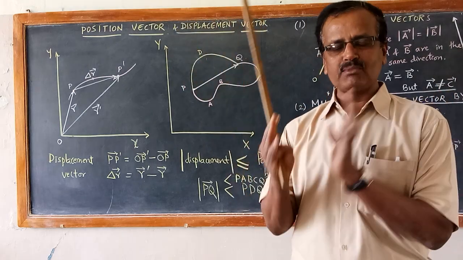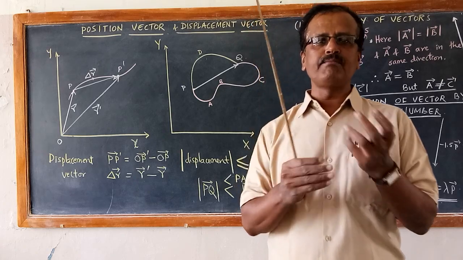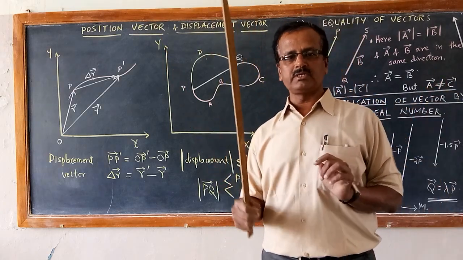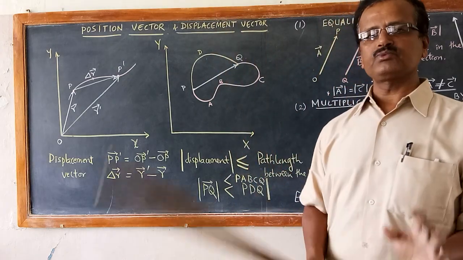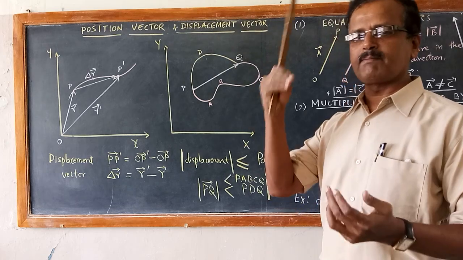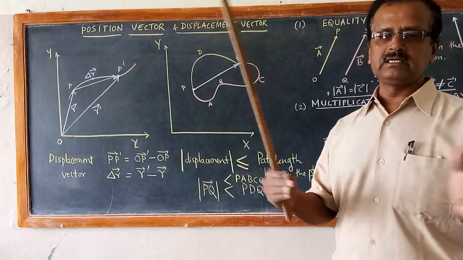So if we learn motion in a plane, two-dimensional motion, we can use the same principles for studying three-dimensional motion. Therefore, in this 11th class, we are studying only two-dimensional motion in detail. The same principles can be applied for three-dimensional motion when we learn vectors in detail.